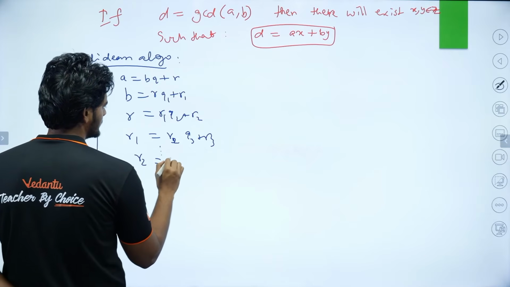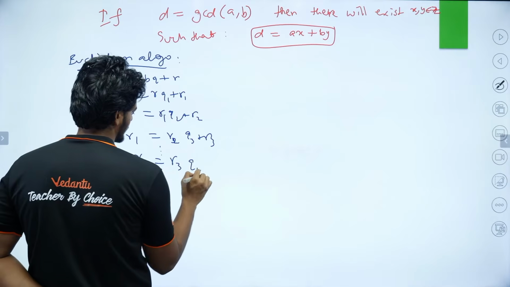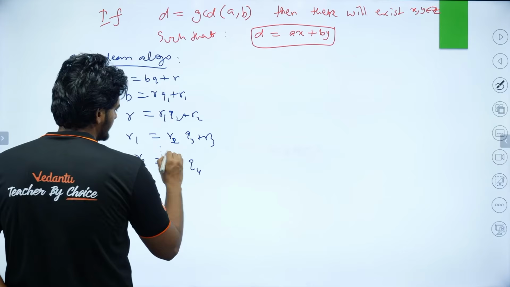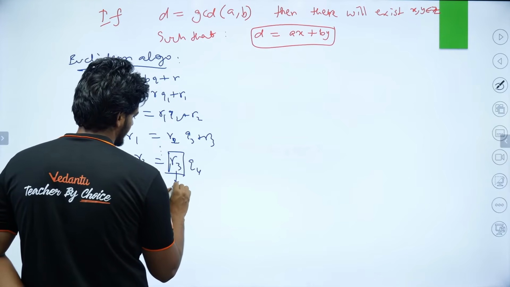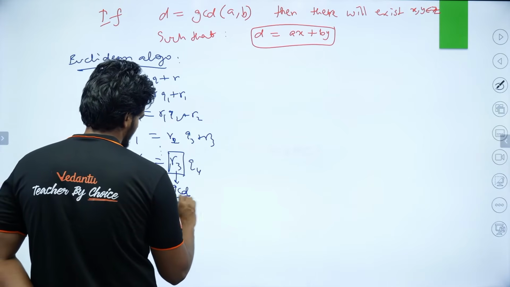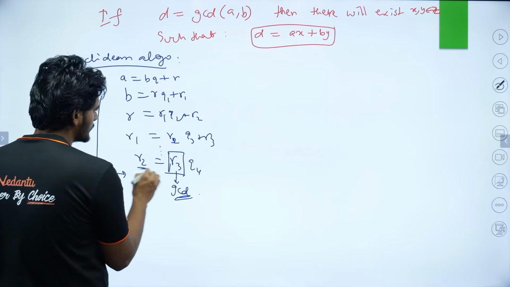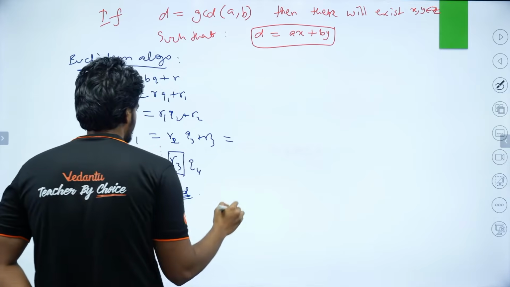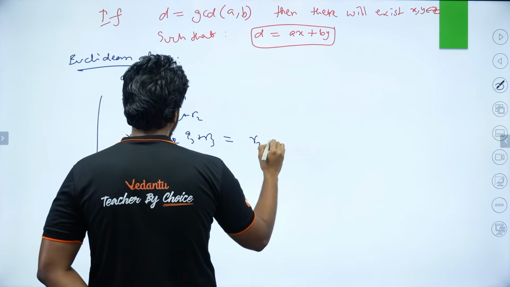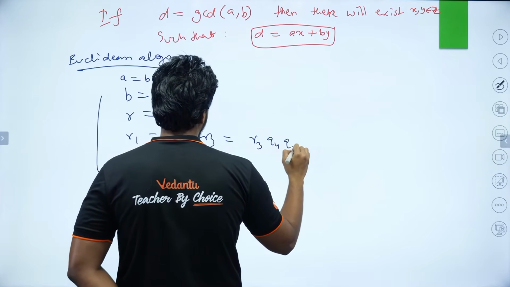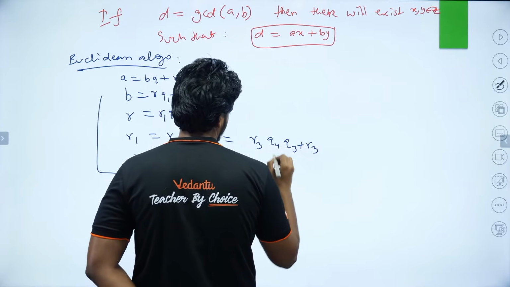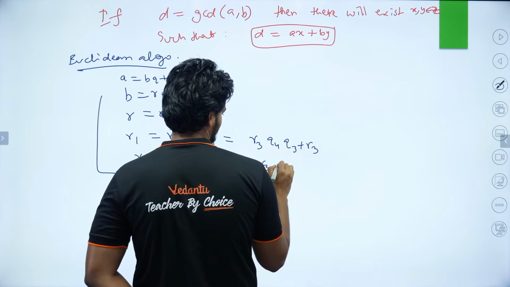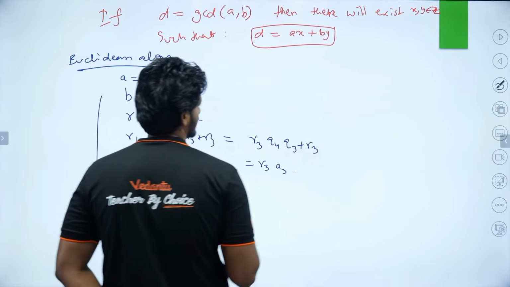Let R2 is equal to R3Q4 be the final step. That would imply that R3 is the GCD, right? Now, we got R2 in terms of R3. So we can write R1 as R3Q4Q3 plus R3, so it is simply R3 into something, some A3, let us say.